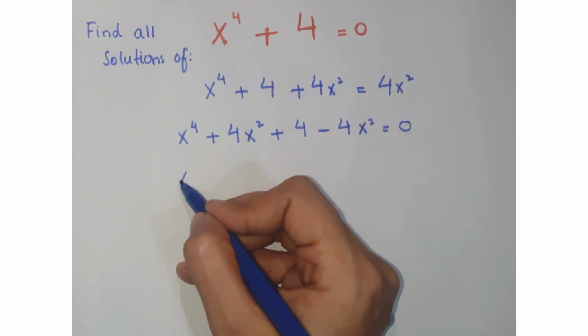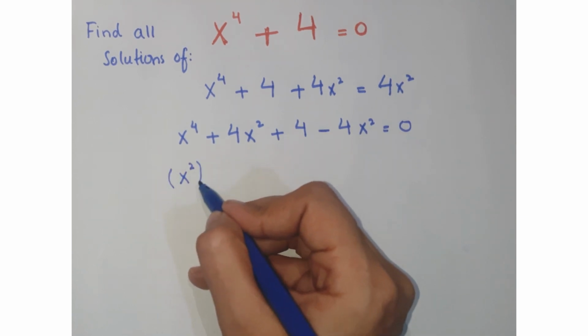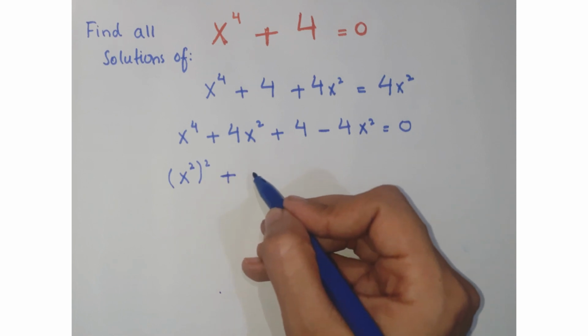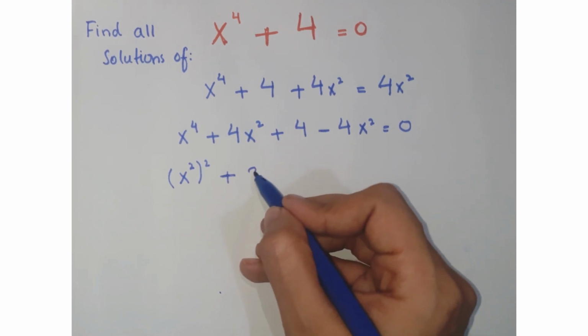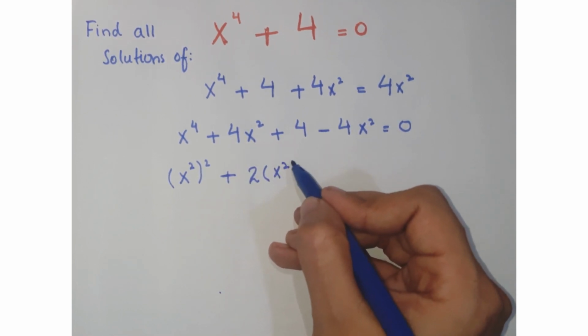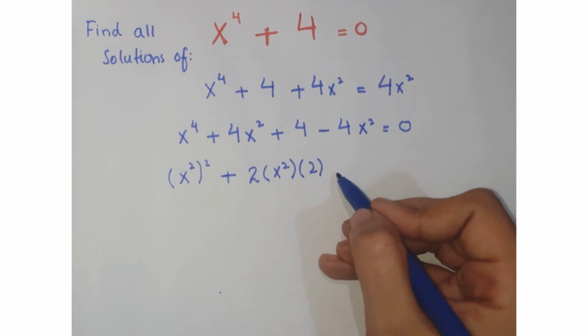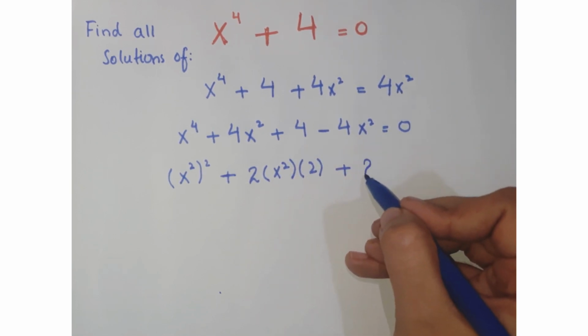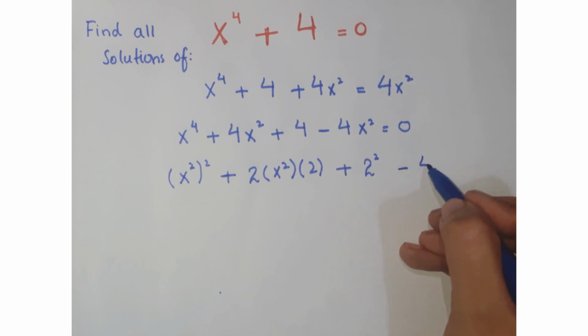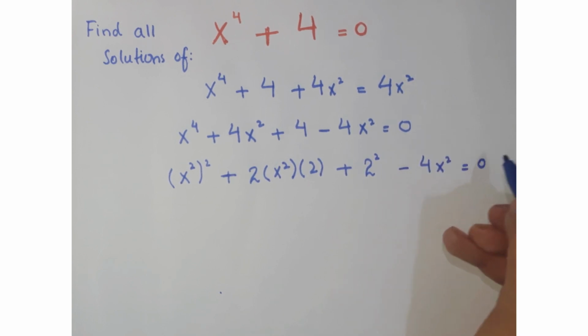Further, you can write x to the power 4 as x squared to the power 2, plus this 4x squared can be written as 2 into x squared into 2, right? And then plus this 4 can be written as 2 squared, minus 4x squared.